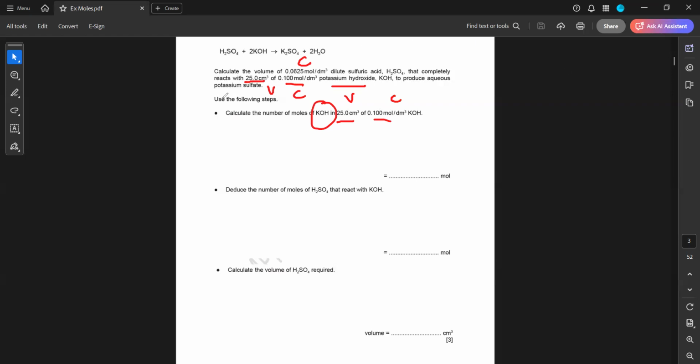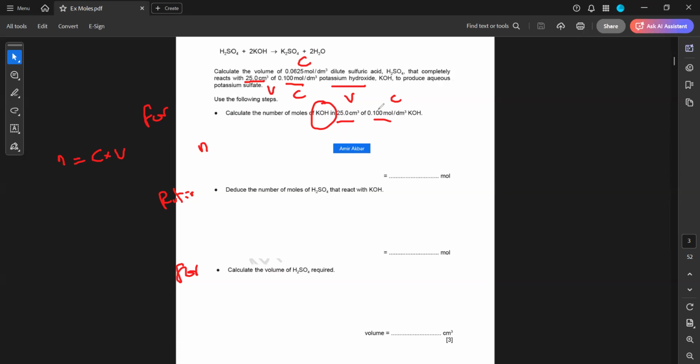You can also use screen annotation to answer these questions. If I have the volume and concentration, I can use a formula. Usually when we solve moles questions, we use a ratio formula. Moles, which you can represent by small letter n, equals concentration times volume.